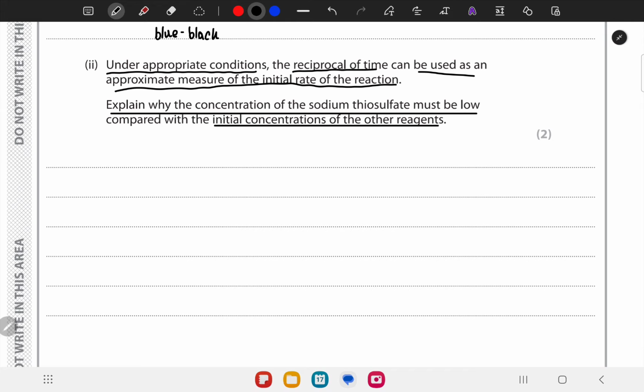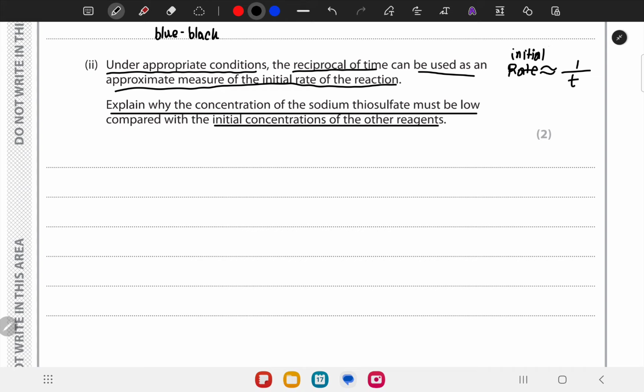So for the initial rate to be the reciprocal of time, so reciprocal of time means 1 by t, for the rate to be equal to this, the time has to be small. If the time is very big, it will not show the initial rate, it will show the average rate.